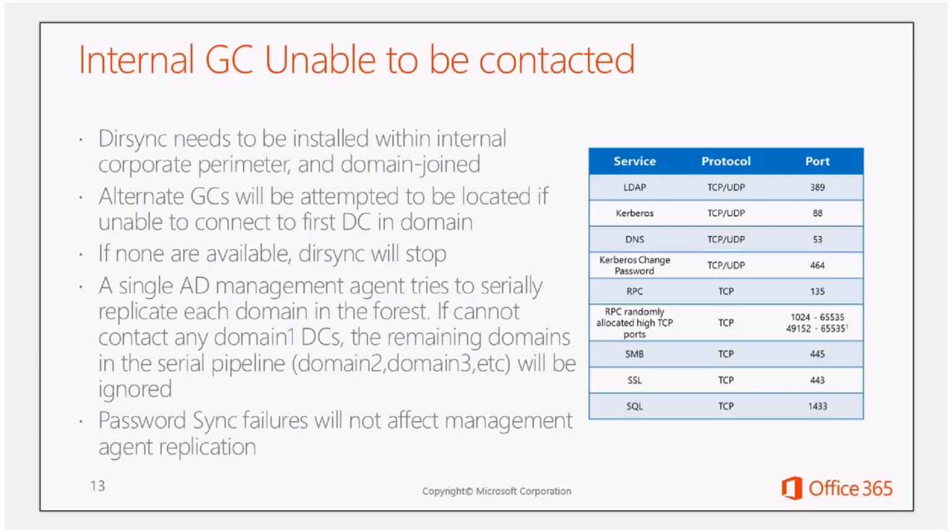Because when users change their password on premises, DirSync may optionally be configured to replicate the password hashes to Office 365, I'm sorry, to Azure AD. And so we use various ports to connect to various services within your internal infrastructure. And so your DirSync appliance should be within your corporate perimeter.